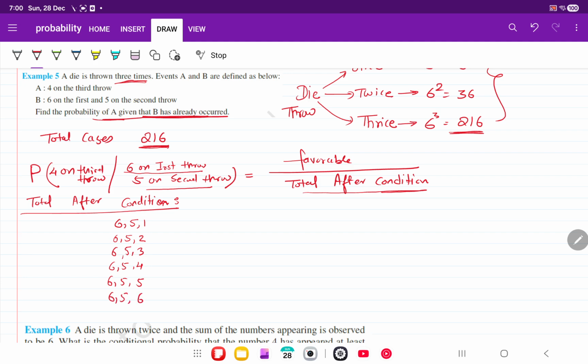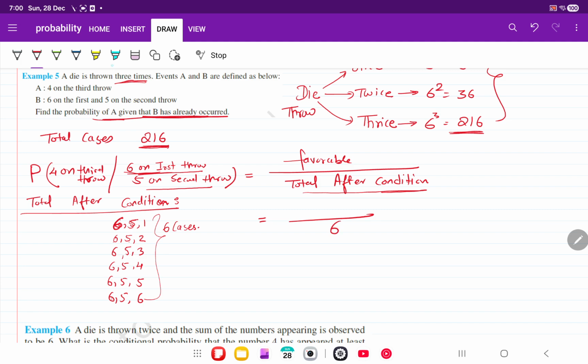These are the total possibilities after applying the condition: 1, 2, 3, 4, 5, 6. Total 6 cases, because the condition is 6 on the first and 5 on the second, and on the third throw anything is possible. So total cases are 6 after condition.